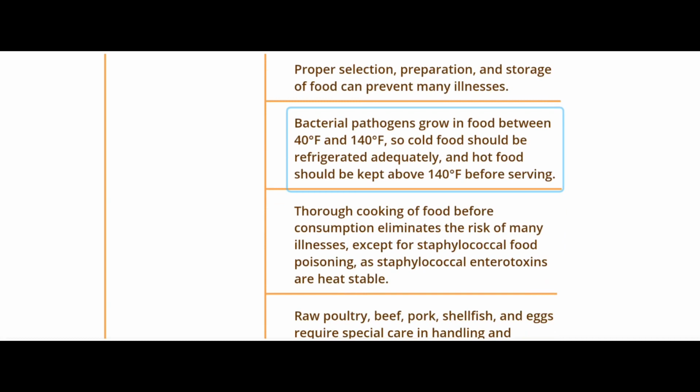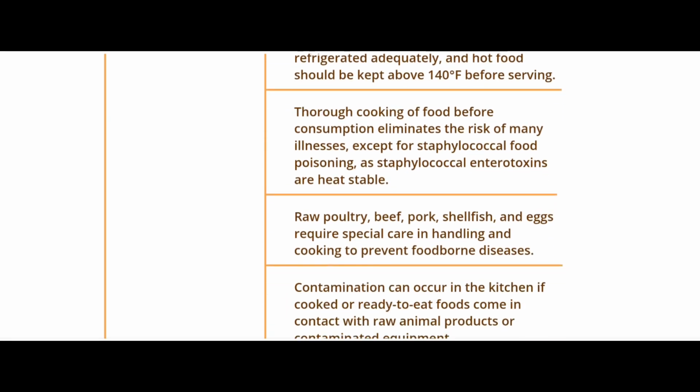And if we look into literature that is more Eastern, we can check that hot food should be kept around 60 to 70 degrees Celsius. Thorough cooking of food before consumption eliminates the risk of many illnesses, except for staphylococcal food poisoning, as staphylococcal enterotoxins are heat stable.